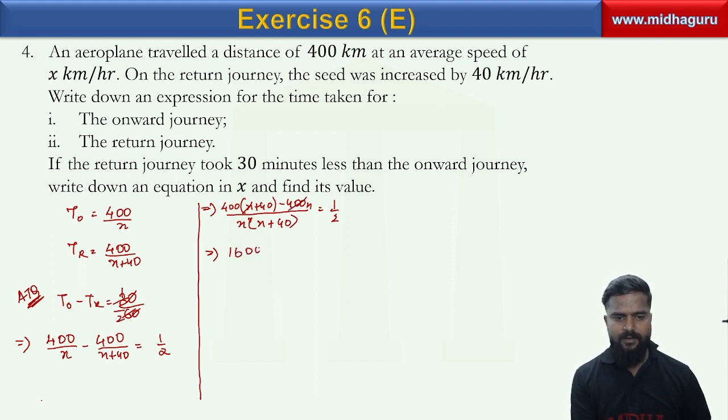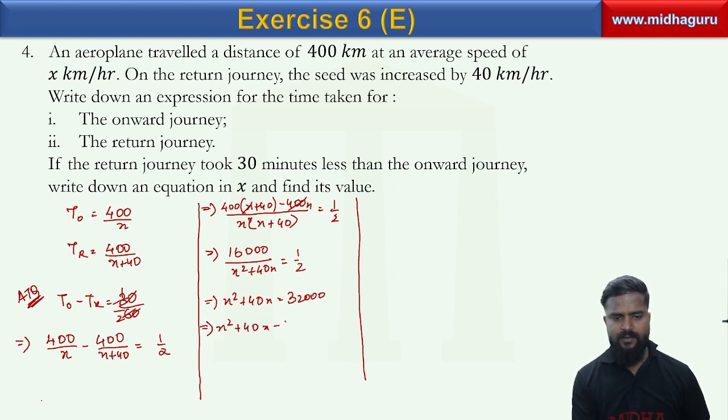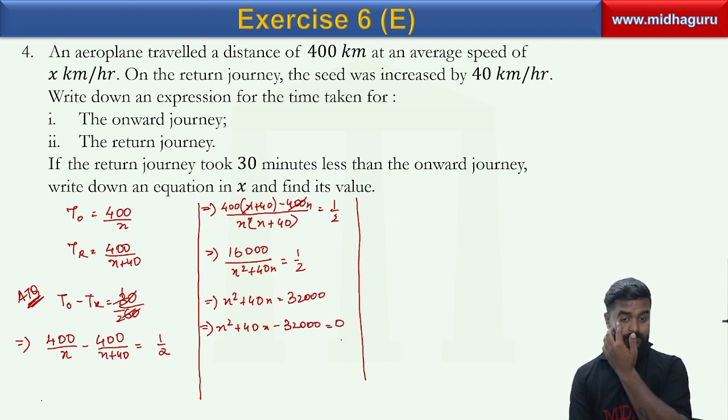So we have 16,000 by x square plus 40x is equal to 1 by 2, which means x square plus 40x is equal to 32,000. Bringing it to this side, we have x square plus 40x minus 32,000 is equal to 0.